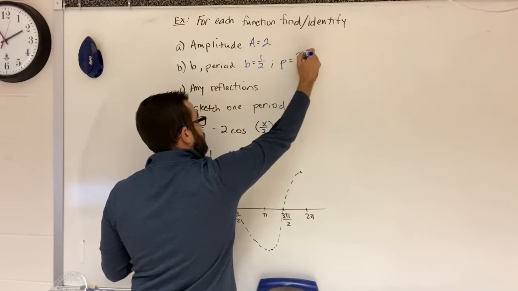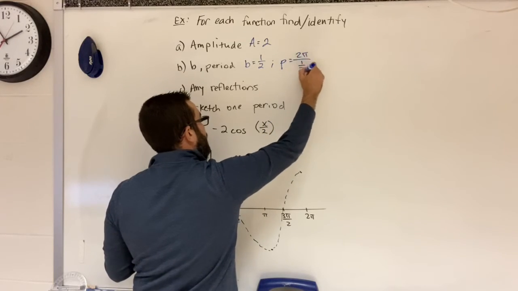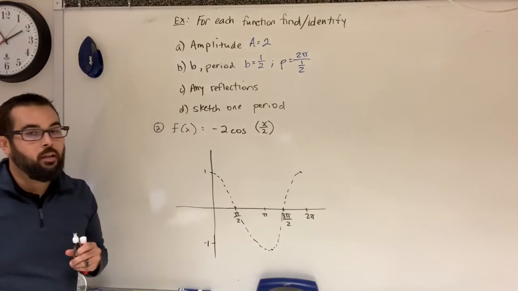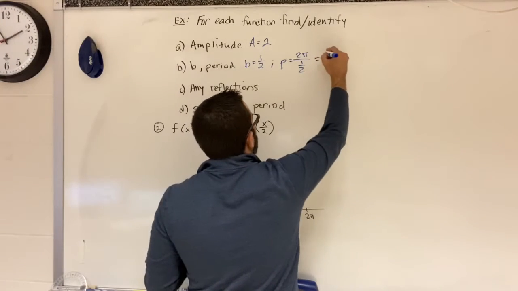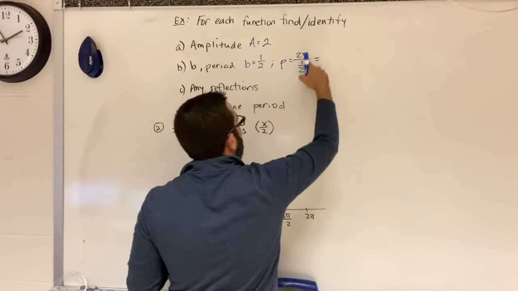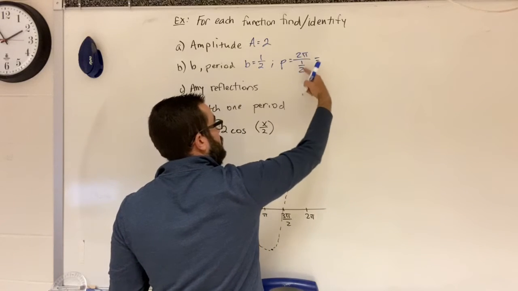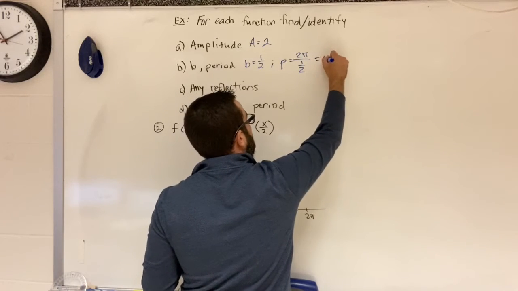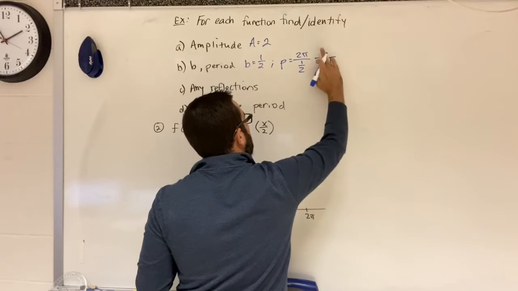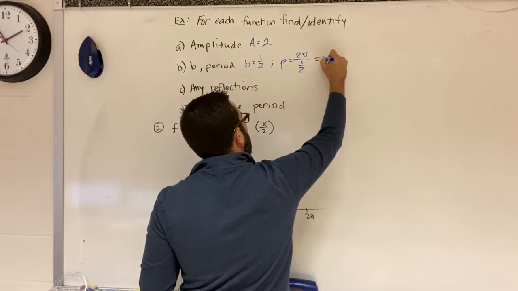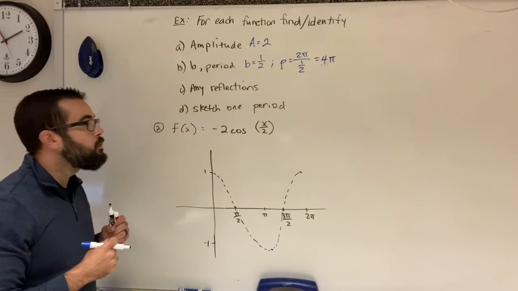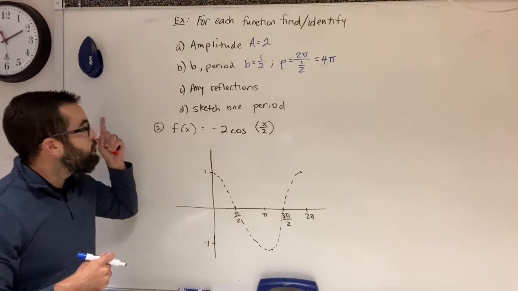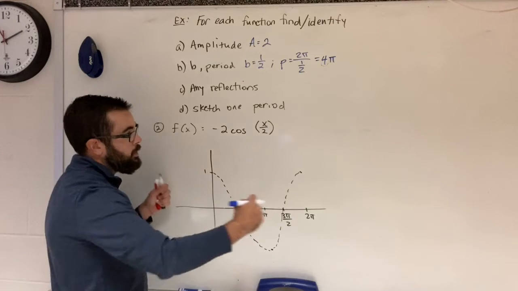So our period is 2 pi divided by 1/2. Okay, so that is going to be 2 divided by 1/2 is the same thing as 2 times 2. So it's 4 pi. So our period has lengthened in this case. This is a horizontal stretch.